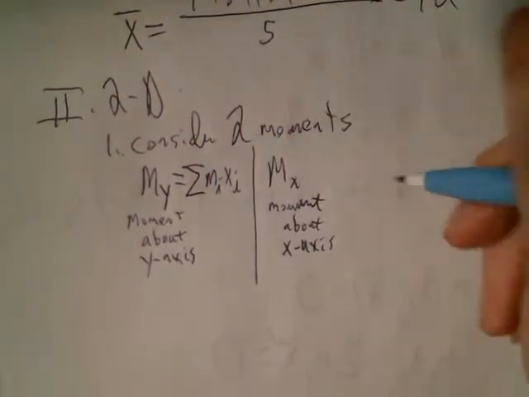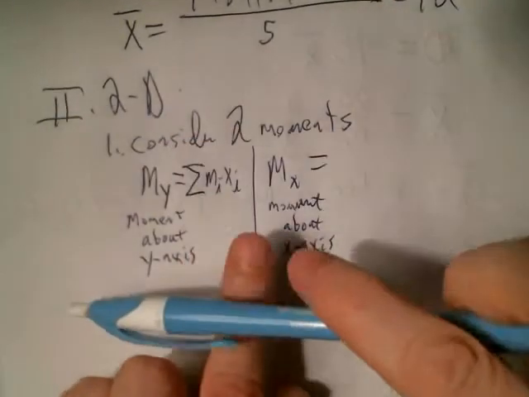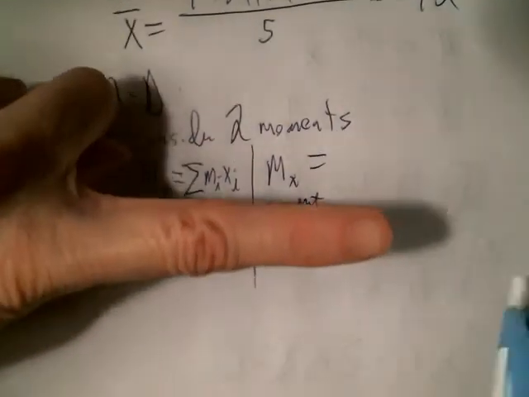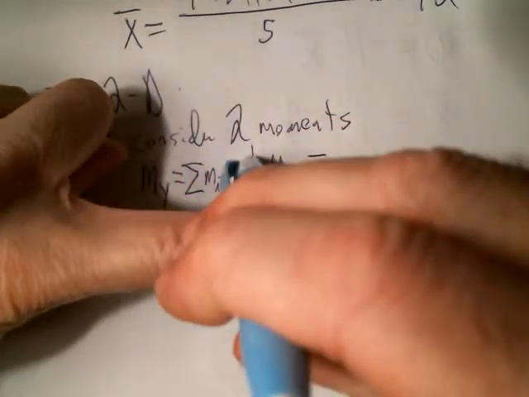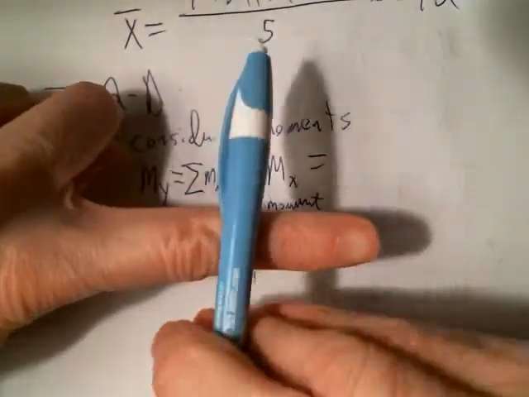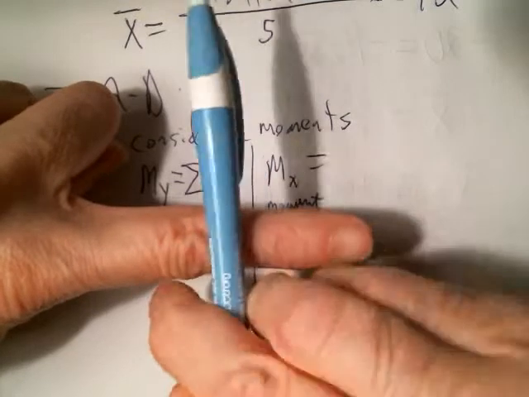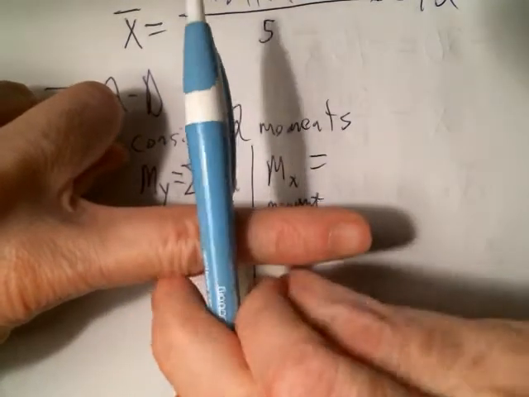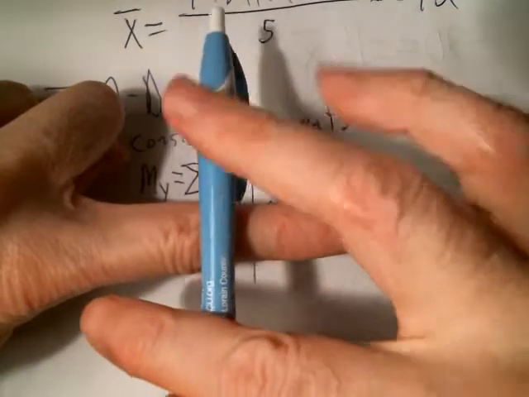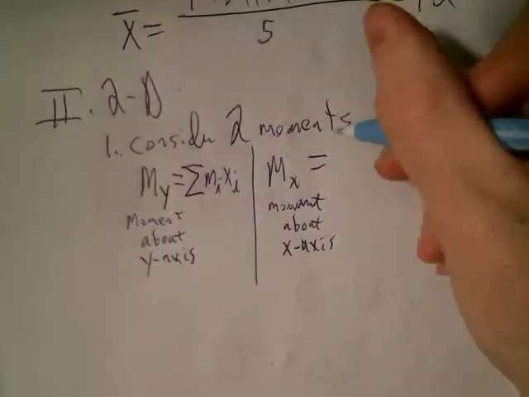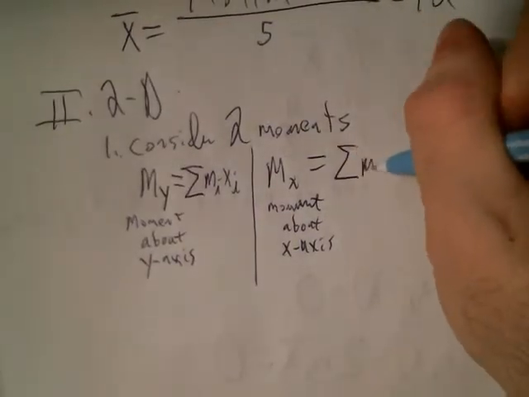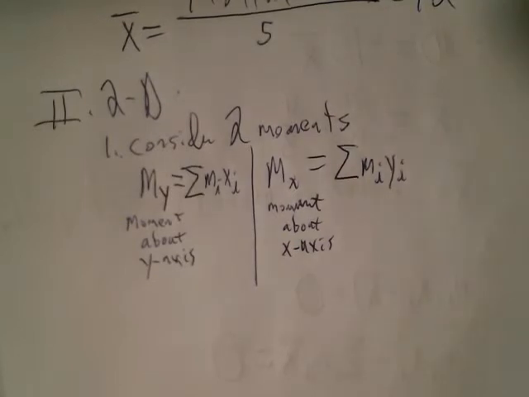And then for your moments about the x-axis, you think of the x-axis here now as the fulcrum of your teeter-totter. And your teeter-totter is going in this direction, in this kind of rotation. And the distances you're worried about then will be distances away from the x-axis, which will be given by y-coordinates. So this will be m sub i times y sub i.